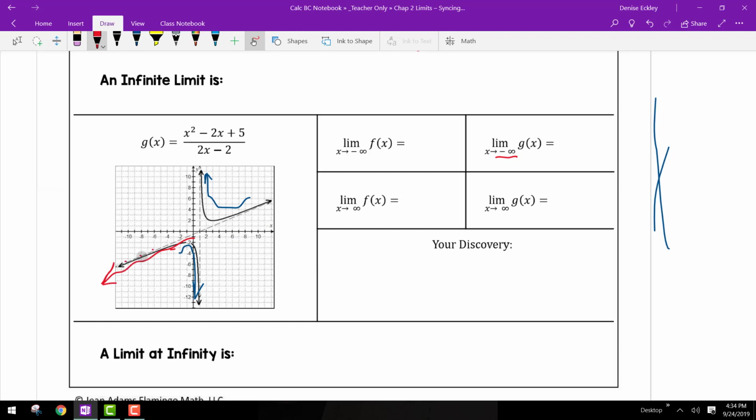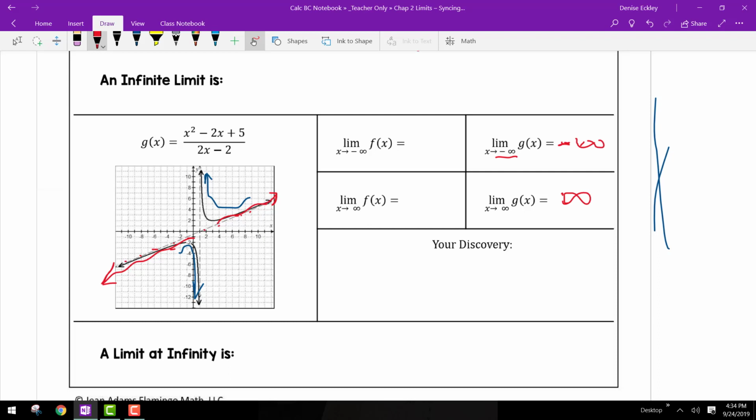Notice here we have a slant asymptote, and that leads to unbounded behavior, where the function is headed towards negative infinity. As we go towards positive infinity, since we're along that slant asymptote, we are headed to positive infinity.